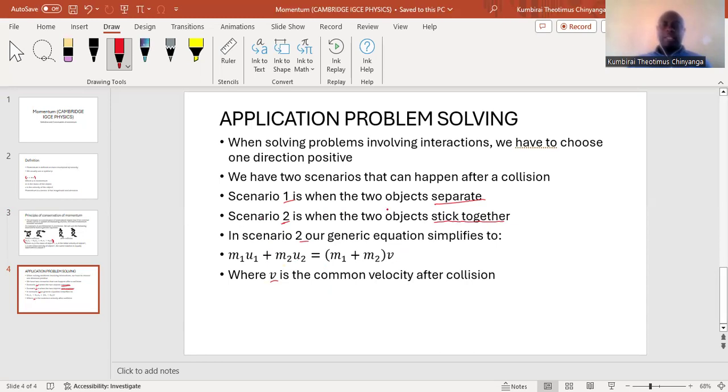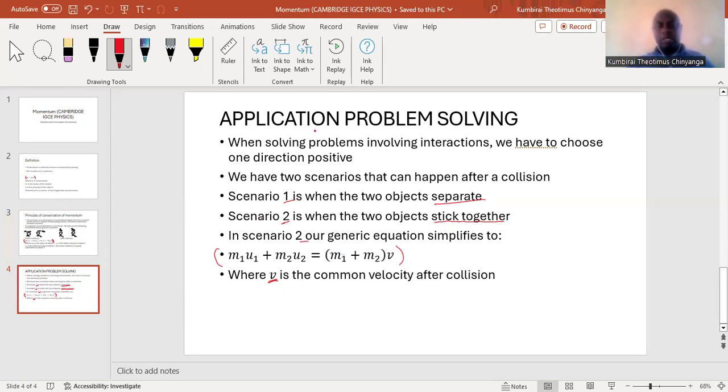In scenario one, the applicable equation is the generic equation. In scenario two, we have a modified equation for the two objects, and V is their common velocity after collision.